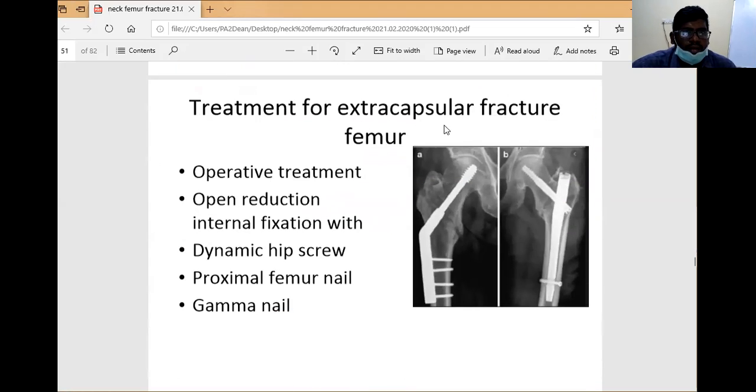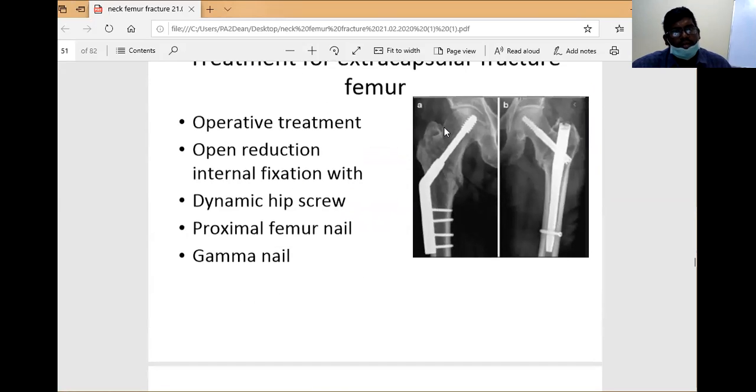Coming to the operative treatment, dynamic hip screw and proximal femoral nail are routinely used. The dynamic hip screw, as already told, allows collapse of the fracture, and it must be done in a stable fracture only.